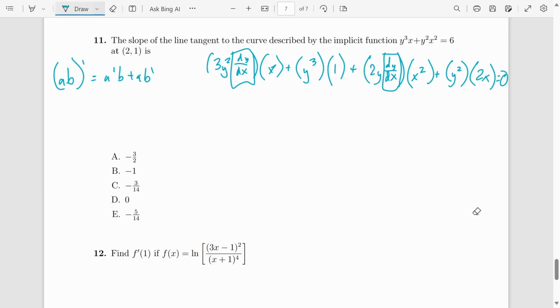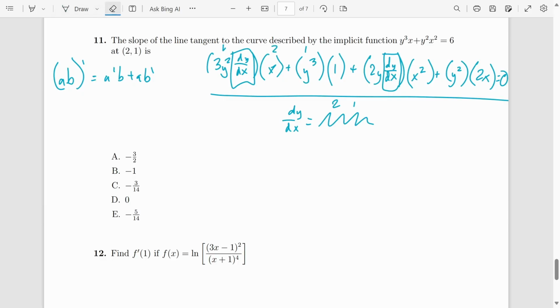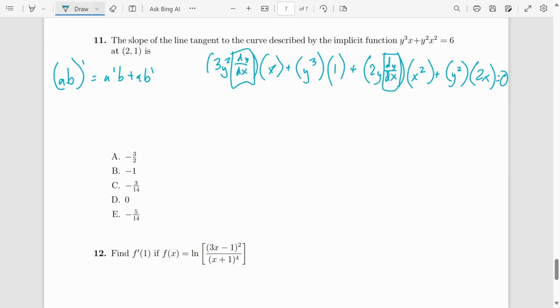You could either first get this entire function in the form of dy over dx equals a big expression, and then plug in 2 and 1 into that, or you can just start off by plugging in 2 and 1 into this equation and then solving for dy over dx. I think the latter way is much simpler, so we're going to do that. So this is going to be 3 times 1 squared times dy over dx.